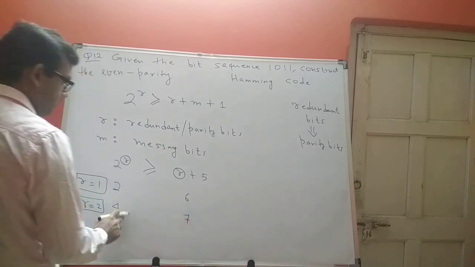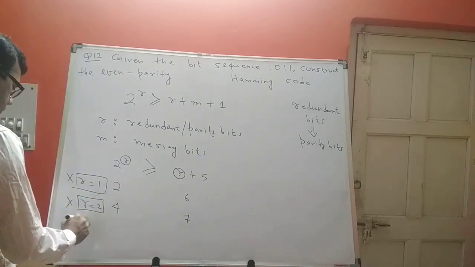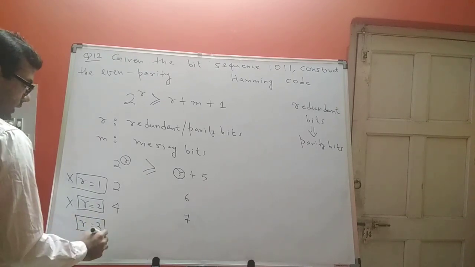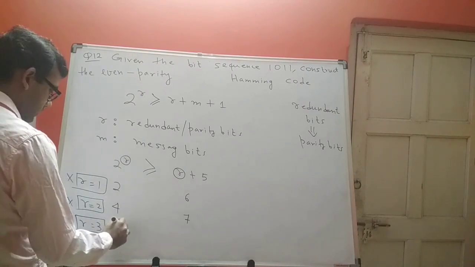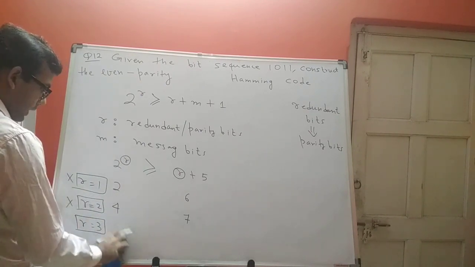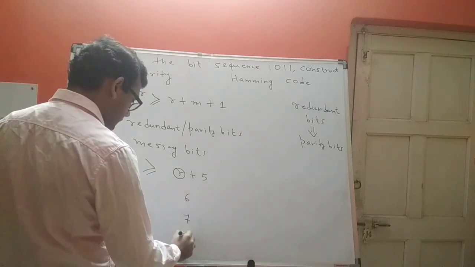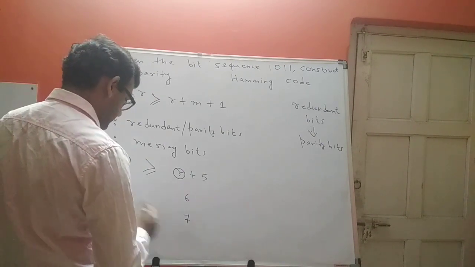Now 4 is not greater than or equal to 7, so we reject r equal to 2. Next, we place r equal to 3. On the left hand side, I get 2 to the power of 3, which is 8, and on the right hand side, I get 3 plus 5, which also happens to be 8.